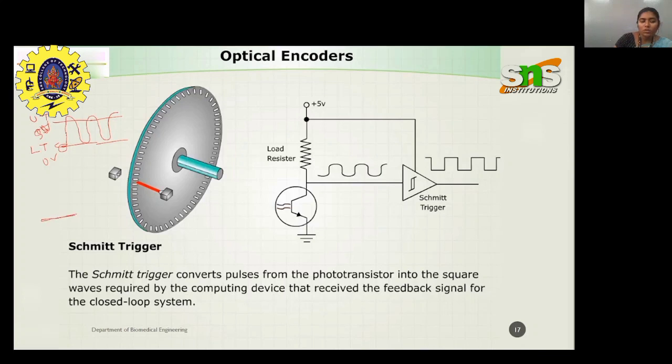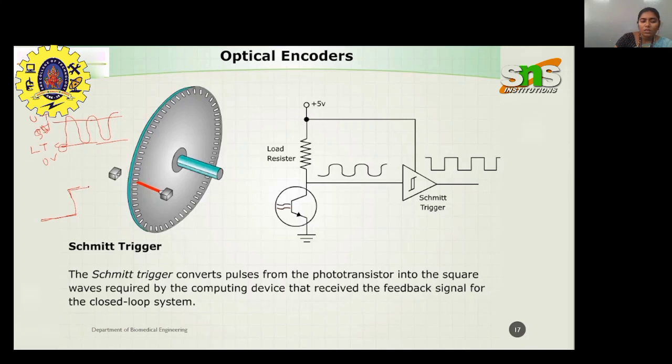Then when this point crosses the upper threshold, immediately it shoots up like this, and it stays like this until it reaches the lower threshold.